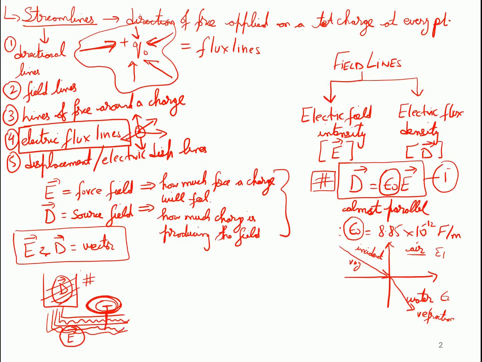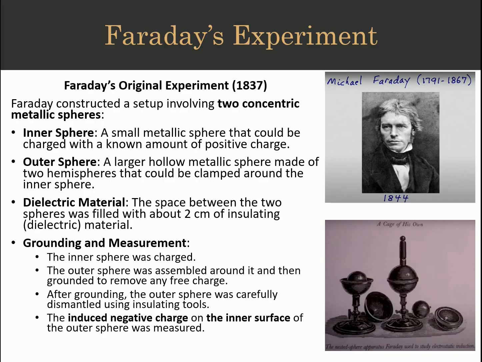So now let us come to our first experiment, which was done by Faraday when he was serving as director of the Royal Society in Britain. In the year 1837, he had been thinking about a problem for almost a decade. The problem was: what happens to electrostatic charges if they interact with insulating materials?